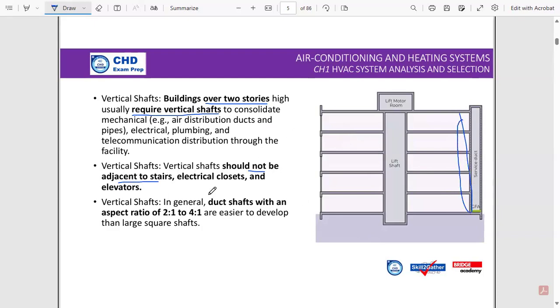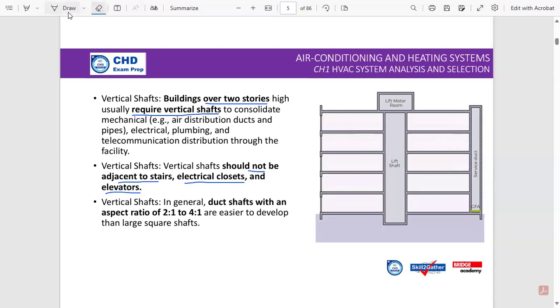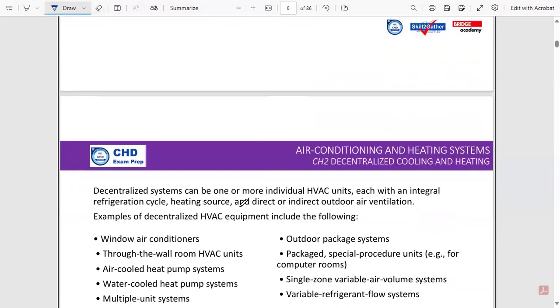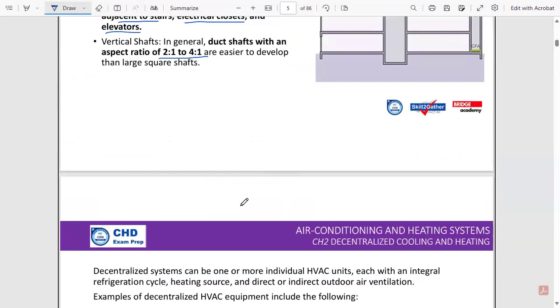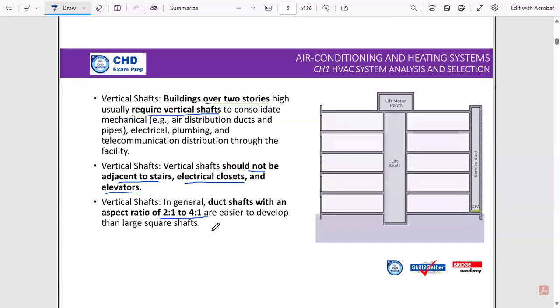It should be in a separate place. The electrical closet should not be closer to this vertical shaft, and elevators should not be closer to the vertical shaft. So we need one vertical shaft dedicated to the HVAC system, which should be in a separate place from stairs, elevators, or electrical closets. For the vertical shaft, the size ratio could be 2:1 or 4:1. Those are the suggested ones. So these are important data that you may consider remembering about vertical shafts.